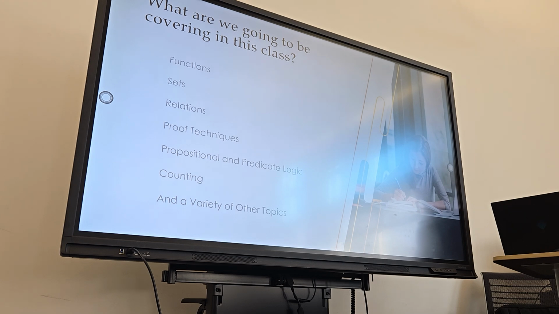I repeat this till I'm blue in the face. Don't overthink things. The abstract thoughts, concepts and stuff that we're going to cover in class are not that complicated. Just because we're formalizing it doesn't make it any more complicated.